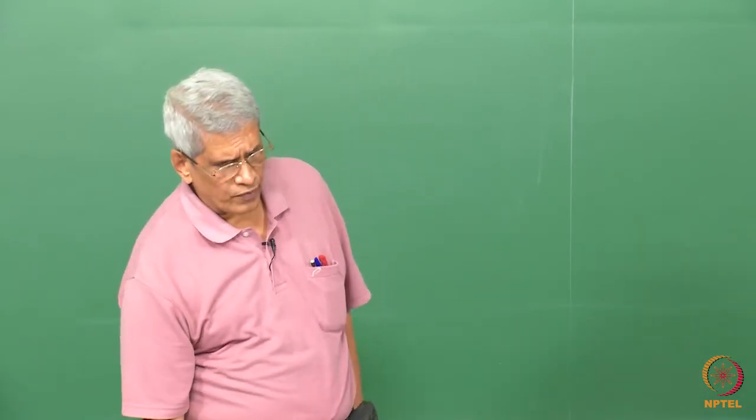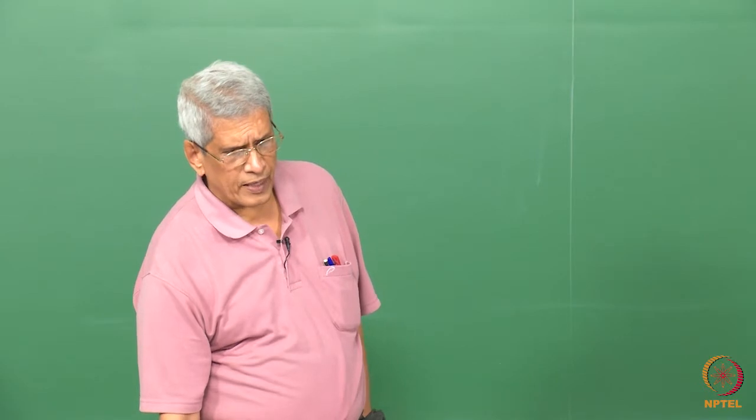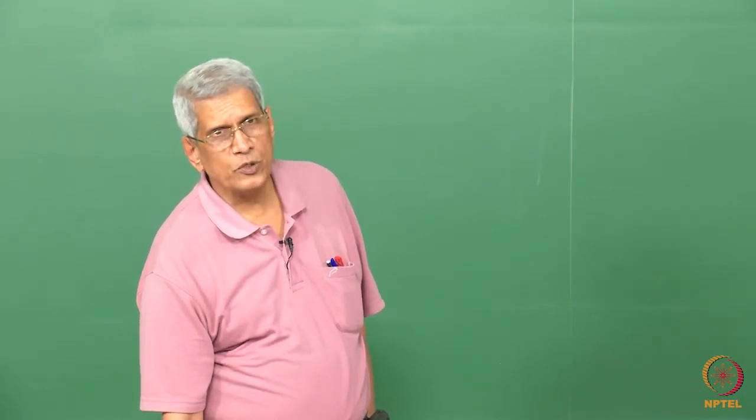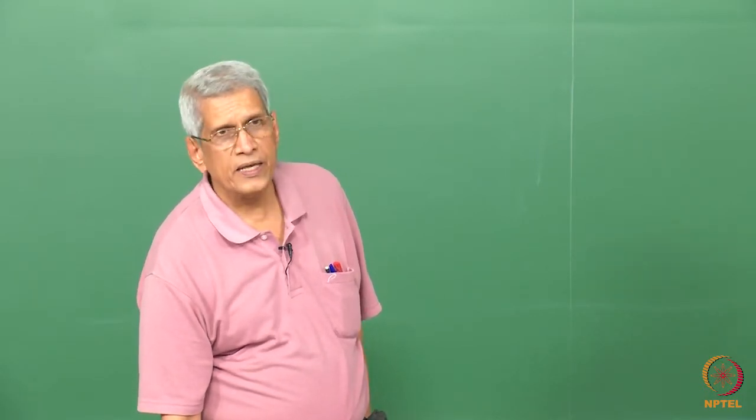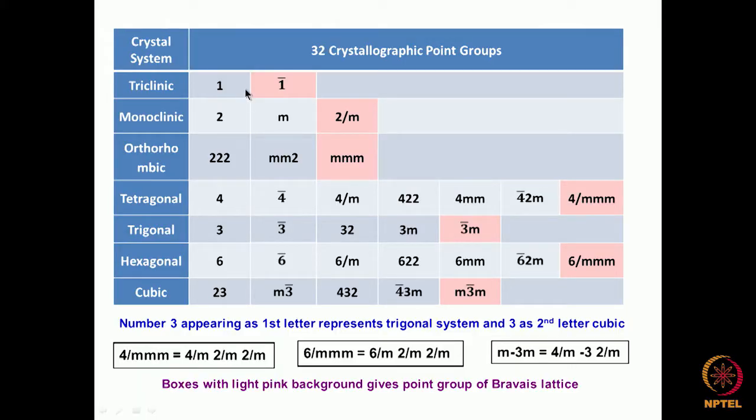If we look at it, the point group shown on the left hand side corresponds to the minimum point group which this system will have. The point group shown on the right hand side, in the background in pink or whatever color you call it, shows the maximum point group symmetry of the crystal.